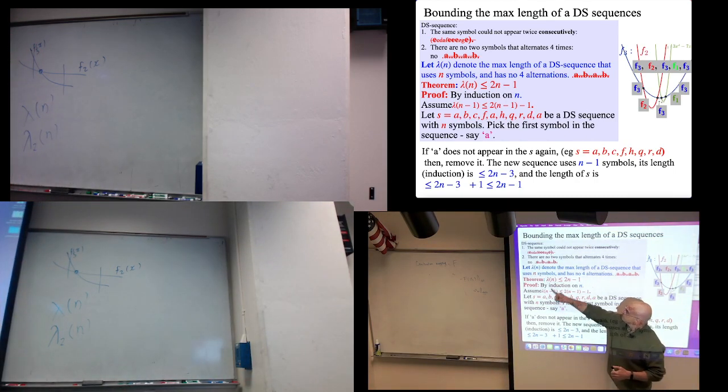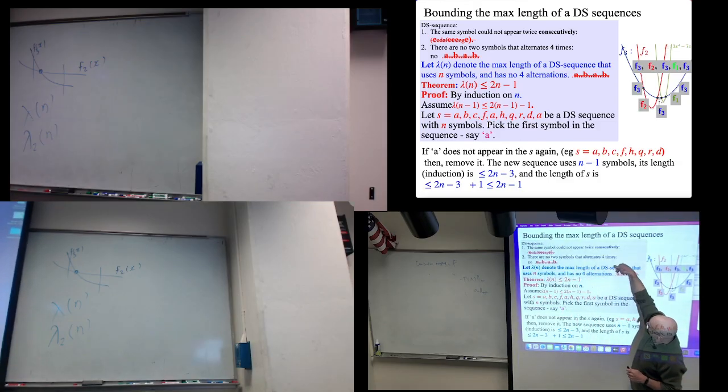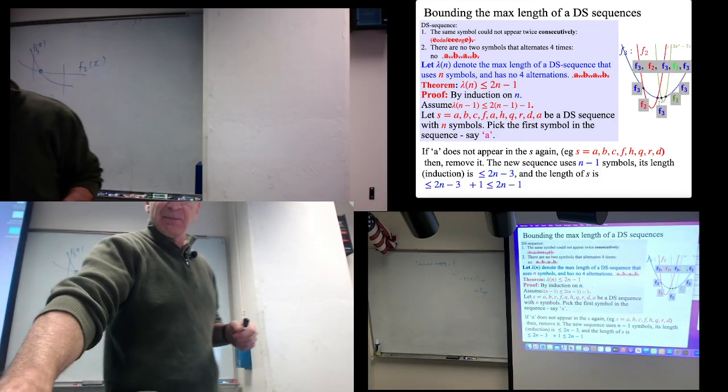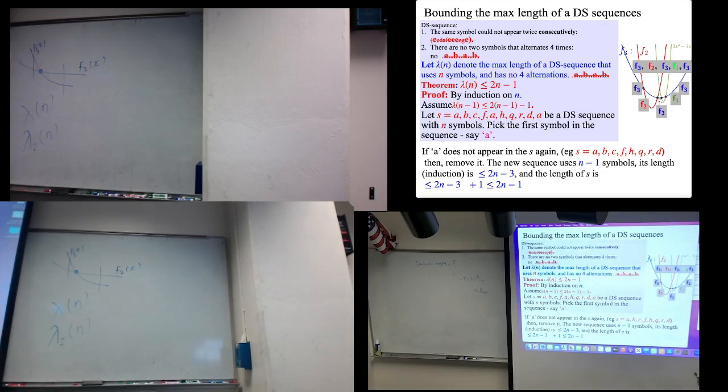Okay, so I'm using n symbols, like n functions. Lambda, we said, is the maximum length of a DS sequence that uses n symbols and has no 4 alternation, no ABAB. It's a bit hard to count the number of alternations because it's hard to define if it's 1 alternation or 2. We'll just say no ABAB.